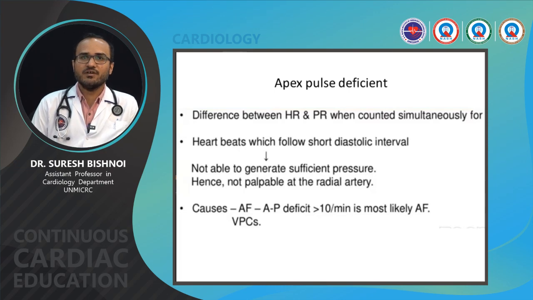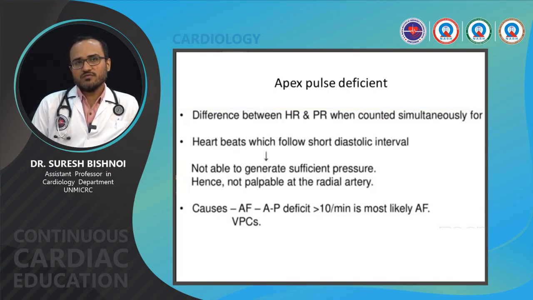But when a heartbeat follows a short diastolic interval, it may not generate sufficient pressure, and you may not feel a pulse during that systole. That part of the LV stroke volume does not contribute to the pulse wave, and you get an apex pulse deficit. The common causes are atrial fibrillation or VPCs.